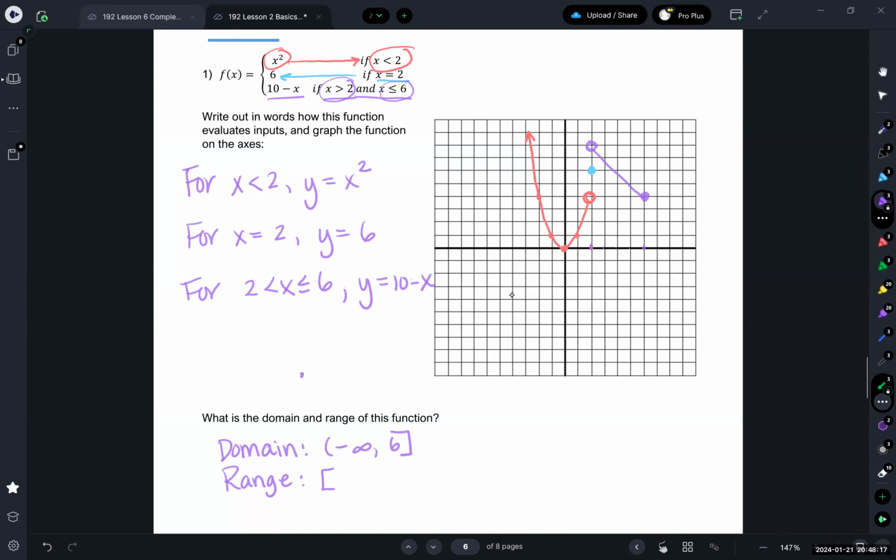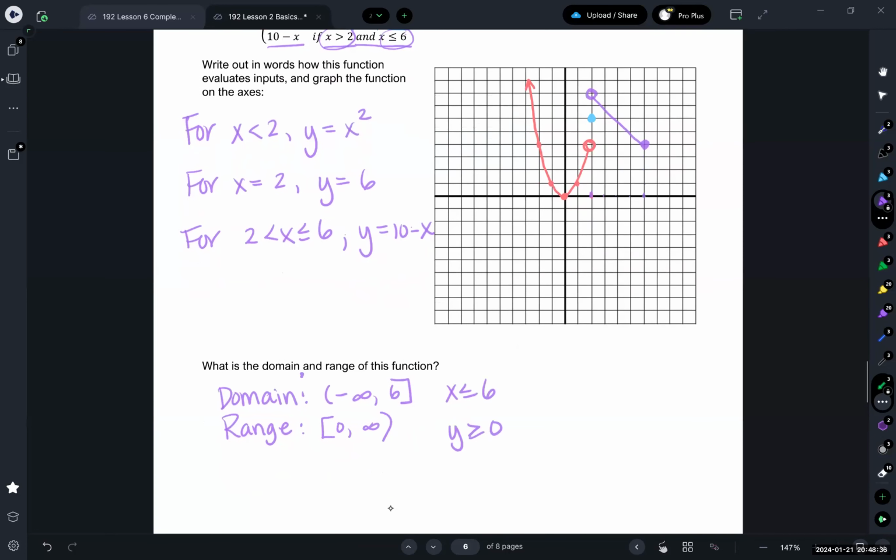So it looks like I'm going from 0 to infinity. That wasn't much of a parenthesis there, was it? Okay. And you could think of that as x is less than or equal to 6 or y is greater than or equal to 0. Those work too, to kind of talk about what the domain and range are.